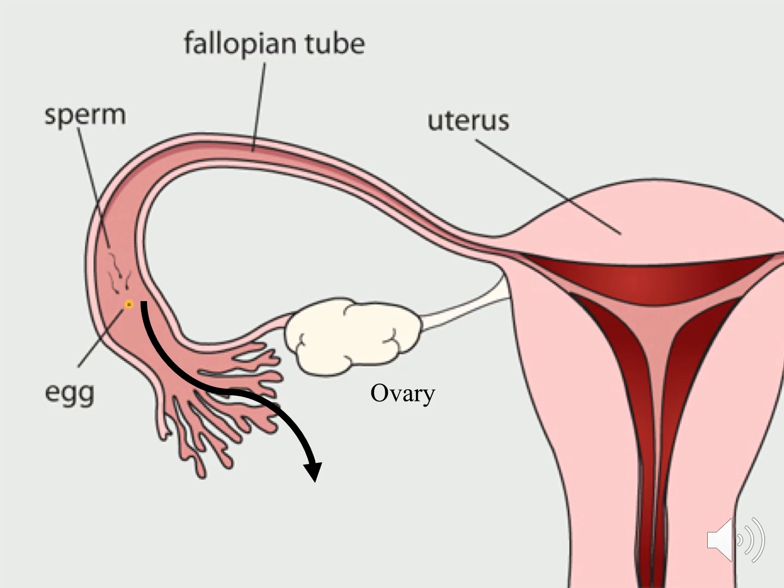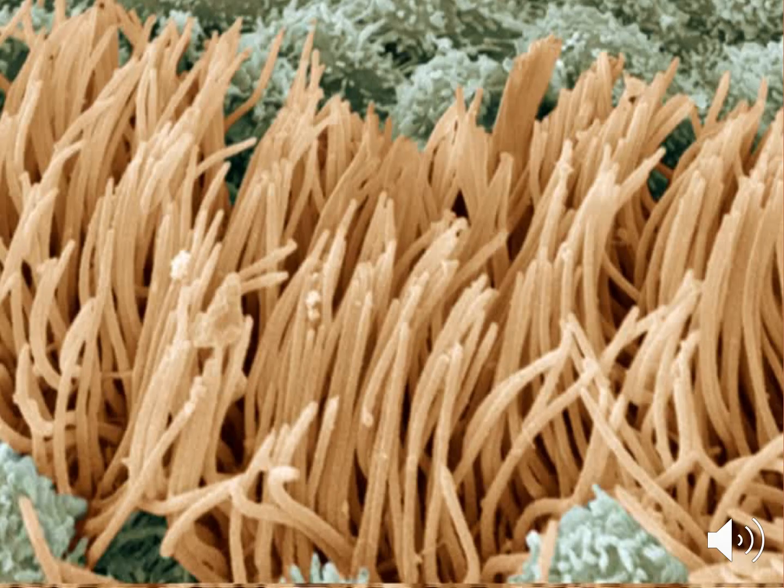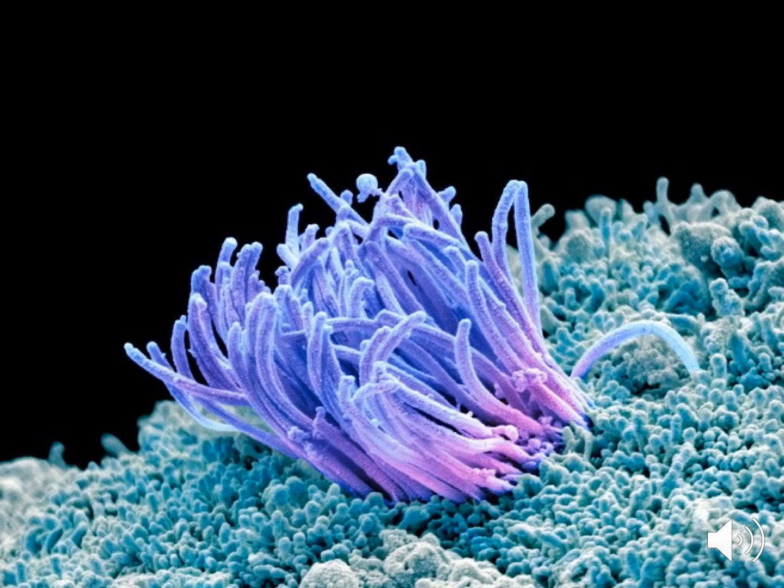Well, how do you get around this difficulty when there's no actual connection of the fallopian tube to the ovary? The answer is that inside the lining of the fallopian tube you find cilia, and they wiggle. They wiggle back and forth. Here's another picture of some cilia stained with a different kind of dye.